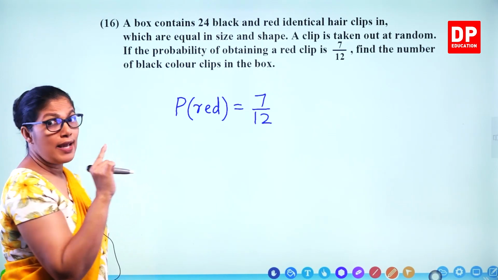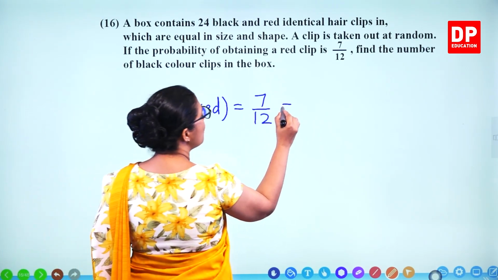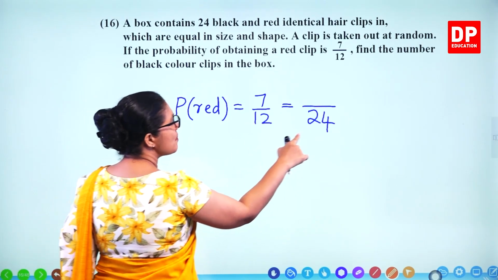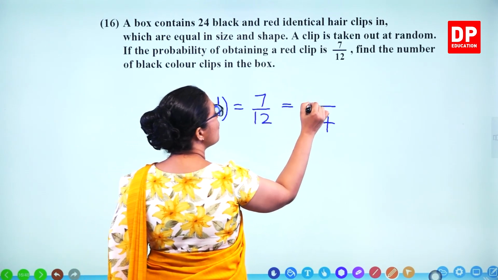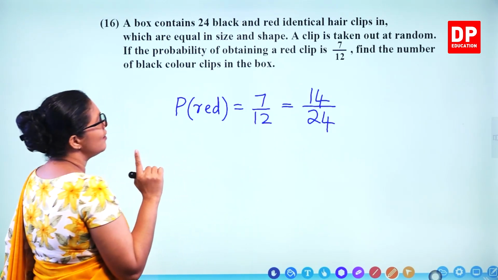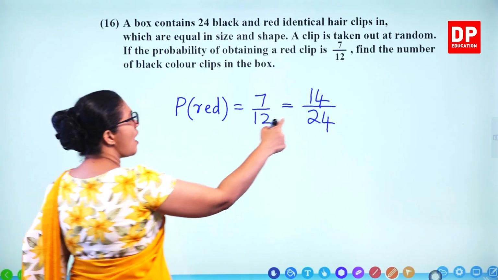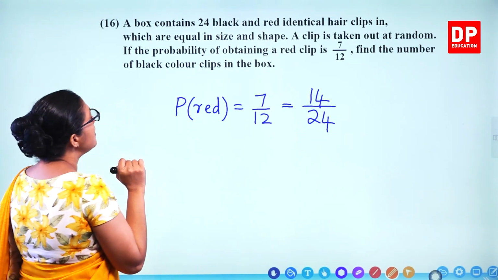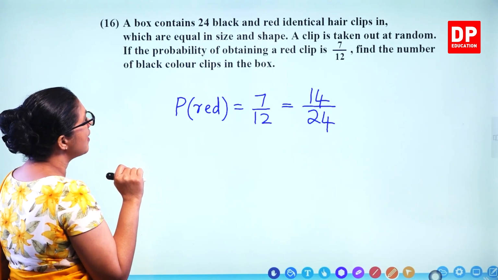Altogether 24. If you can convert this to 24, it's easy for you. If this is 24, that means multiply by 2. 2 times 7, 14. Then you can easily say out of 24, 14 are red hair clips.